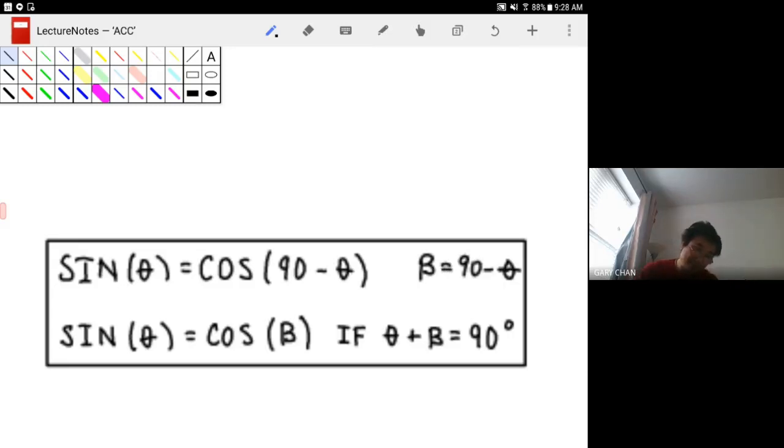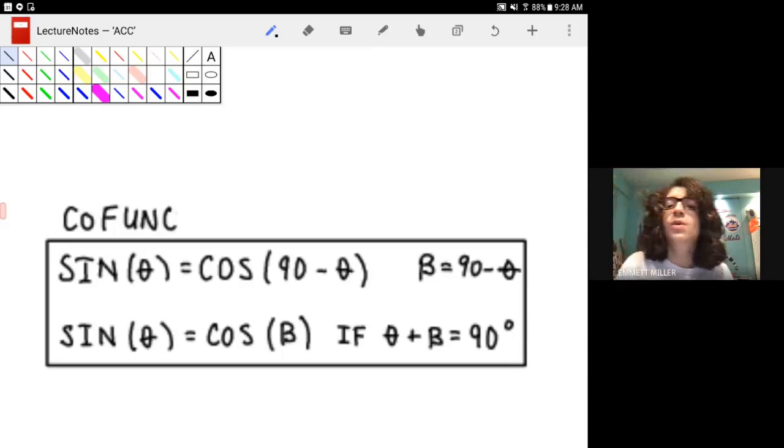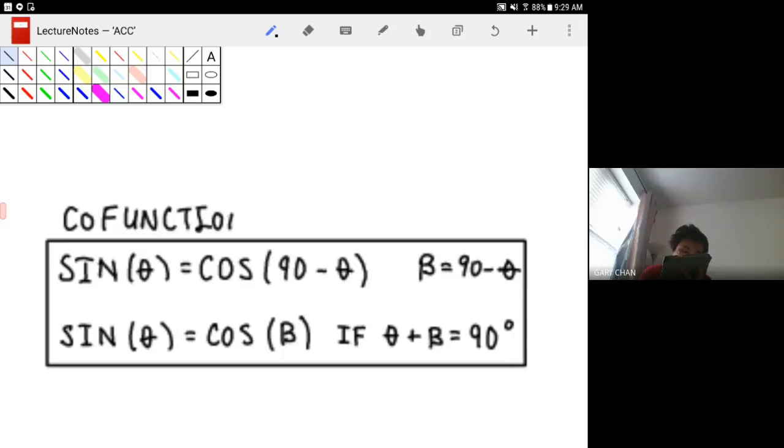That's another way of thinking about it as well, that the angle in cosine will equal 90 minus theta. All right, so this is what we call the co-function identity.